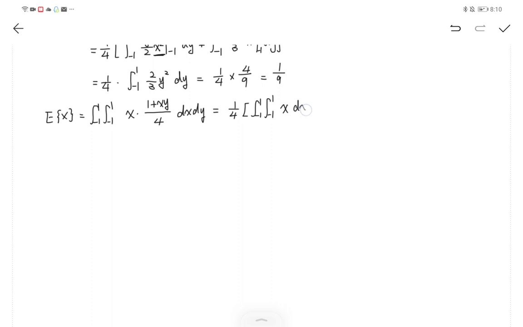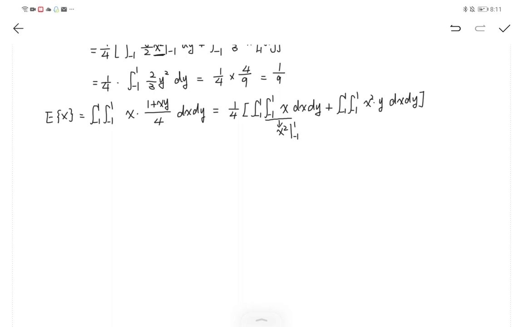We can still divide it into two parts: the first part, and the second part, which should be x to the power 2 times y. The first part becomes x to the power 2 from -1 to 1, which is an even-power term over a symmetric range, so this part equals 0.